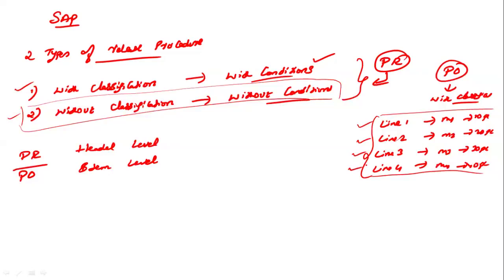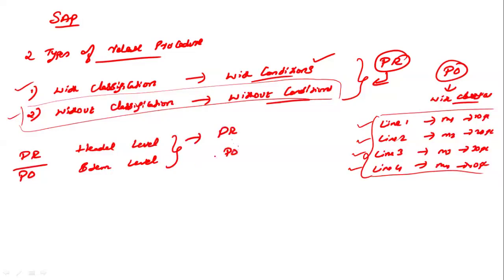Remember this, if we release the PR or PO at header level, it will be released all the items. If you release at item level, it will be only the line wise. You can hold the other line and release only one line, for example. Okay. And now this is also very important. This item level and the header level is applicable only for the PR.